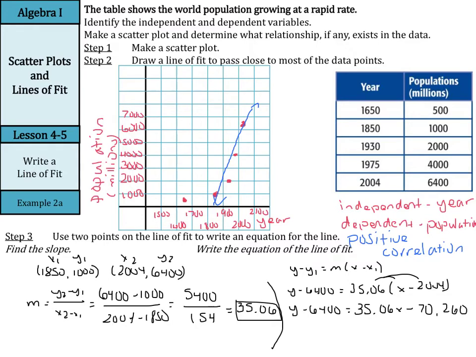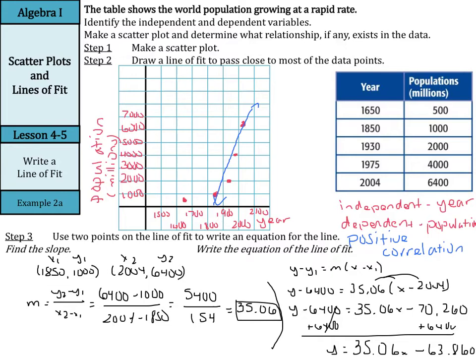Now to get this into y equals mx plus b form, add that 6,400 to both sides, and you would end up with y equals 35.06x minus 63,860.